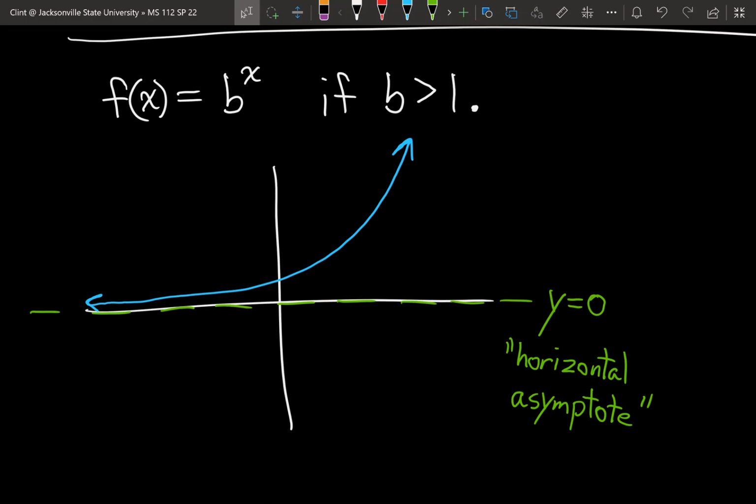And then the other remarkable special thing about the graphs of all of these exponentials where our base is bigger than 1, well, really this part applies in any case, is that here where our y-intercept, where our graph crosses the y-axis, that point is the point 0, 1. Okay.